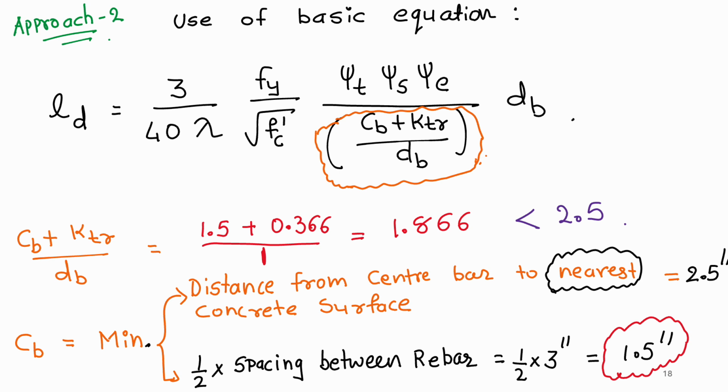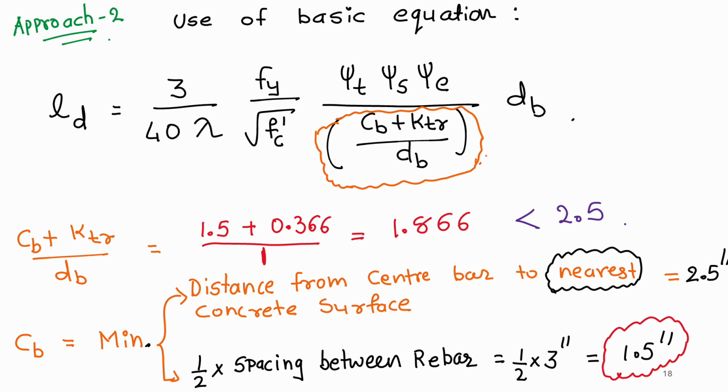This was the first approach using simplified ACI equation, but if we are using the basic equation, we have again the equation 3/40 times lambda. Then we have yielding stress, we have square root of fc prime, and again we have some Ct, Cs, and Ce.